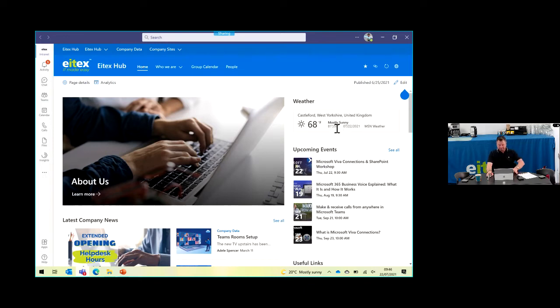This is the weather right now in Castleford, where we are, and here we've got upcoming events. So this is today's event that we're on right now, Microsoft Viva Connections, Business Voice, which allows you to use Teams as your company phone system, and how to make and receive calls from the Microsoft Teams. And then we've got another Viva Connections.